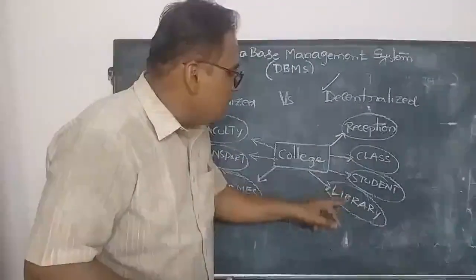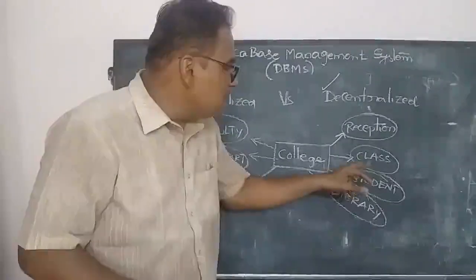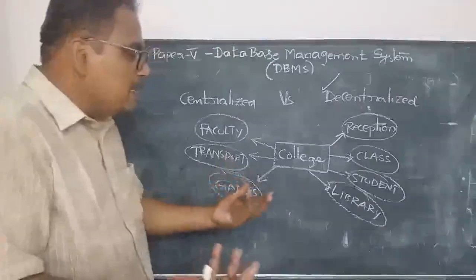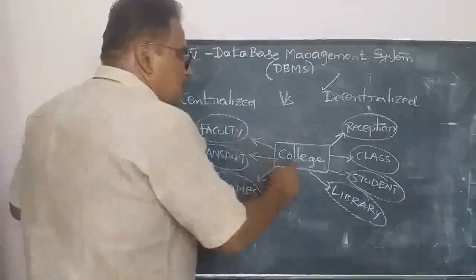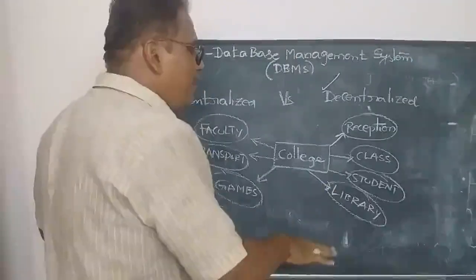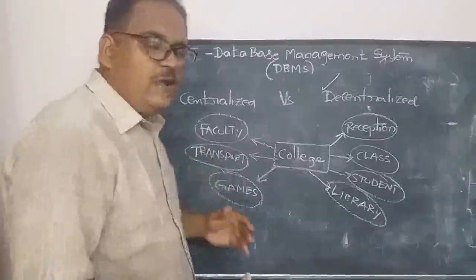Reception and students maintain the same data. And next, class and library maintain student data. Here the same copy of data may be maintained at particular entities. So what will happen?